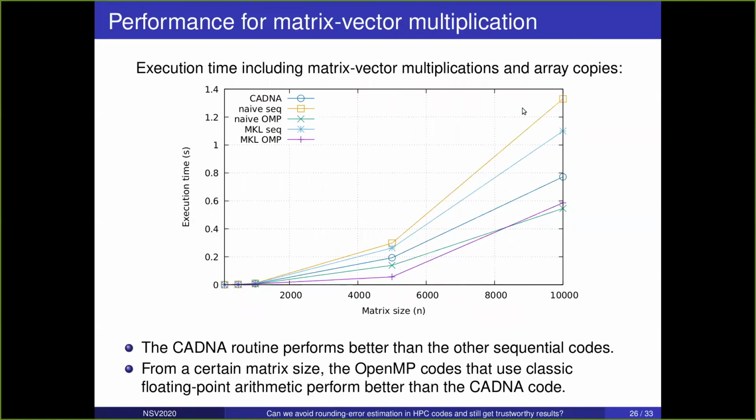Okay, so you have here the performance obtained for matrix vector multiplication. And so you can see that the CADNA routine in blue performs better than the other sequential codes. But from a certain matrix size, the OpenMP codes that use classic floating point arithmetic perform better than the CADNA code.